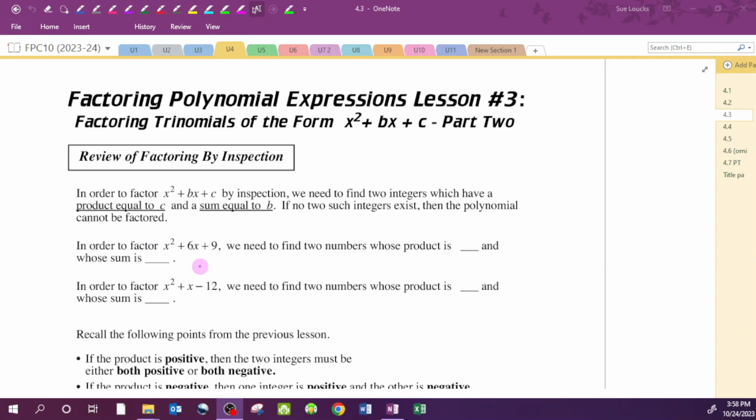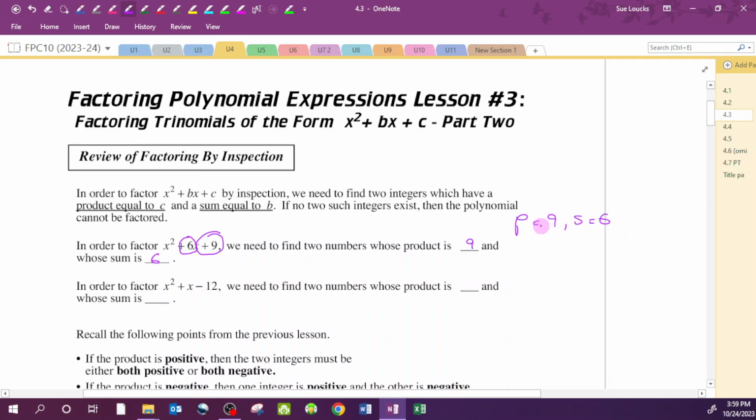When we factor x squared plus 6x plus 9, we need a number whose product equals 9, and the sum is going to be 6, which is this coefficient here. So we write product equals 9, sum equals 6, and then we look for the ways of finding the product.